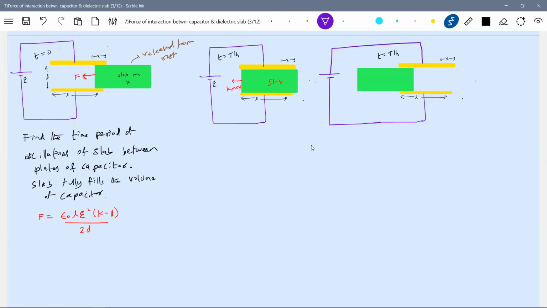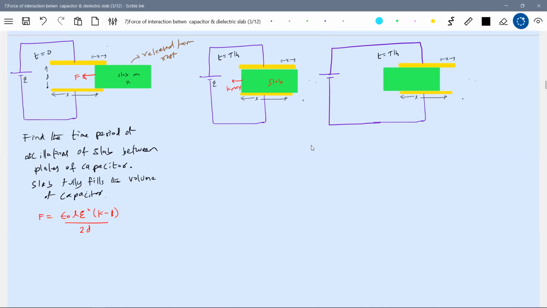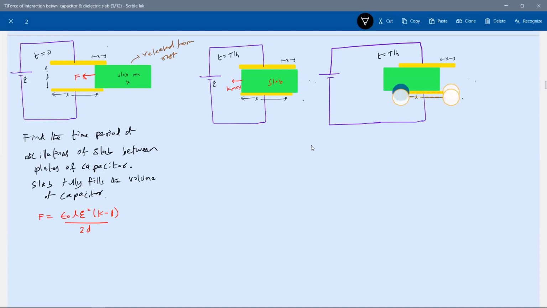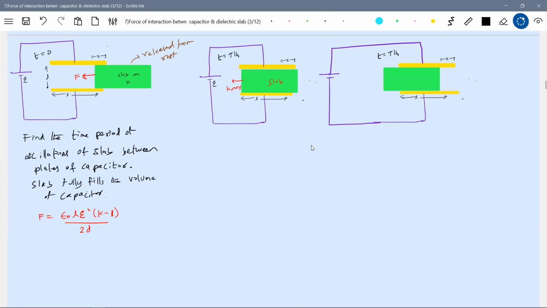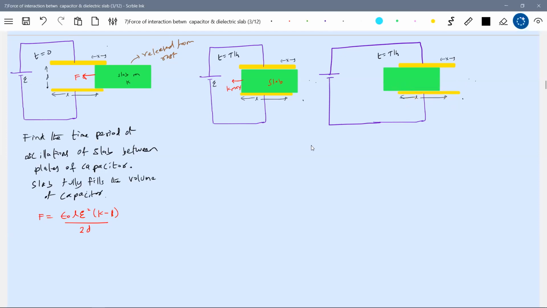Now the slab starts decelerating, no? Sufficient length is there, so it will start decelerating.